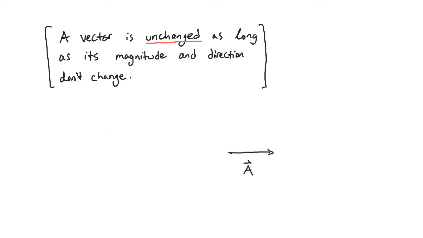I can move it anywhere in the plane I want to, and as long as I don't change the direction or the magnitude, it's the same mathematical object. So over here now, it has not changed. It's just in a different place in the two-dimensional plane of the paper here. I'll bring it back over here. So that's the first idea, that you can move a vector around in the plane or even in three-dimensional space as long as you don't change its magnitude and direction.